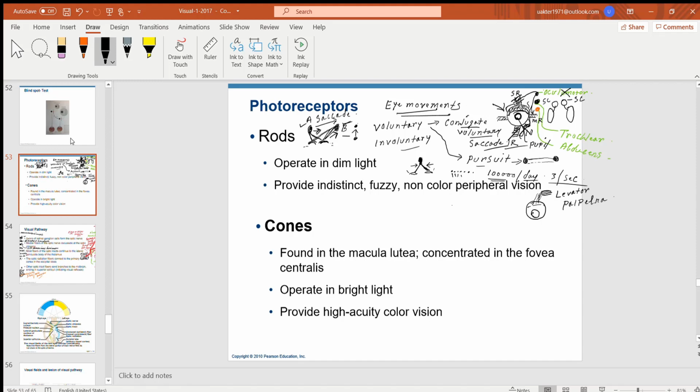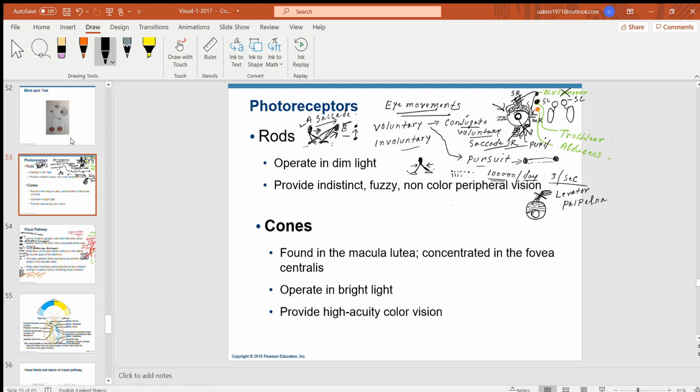This muscle is innervated by the oculomotor nerve. So when this muscle tone is lost and the muscle is paralyzed, the eyelid will drop, drooping of the eyelid. So the eyelid will cover a big part of the eyeball, and it may even completely close.